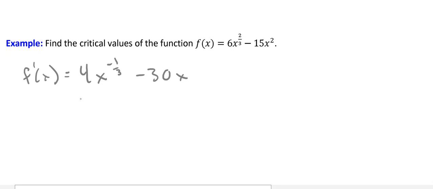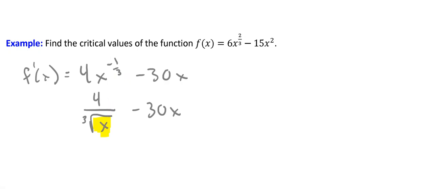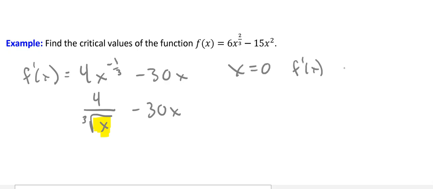Keep in mind that this is really 4 over the cube root of x minus 30x. So we will have division by 0 because we have an x in the denominator. And so when x is equal to 0, f prime of x is undefined. So that is a critical value.